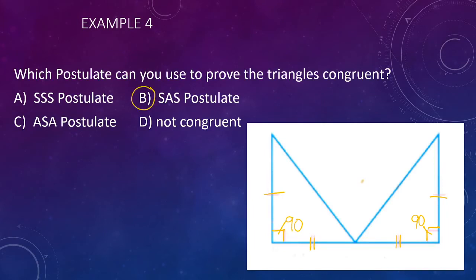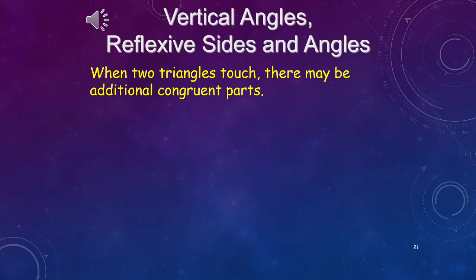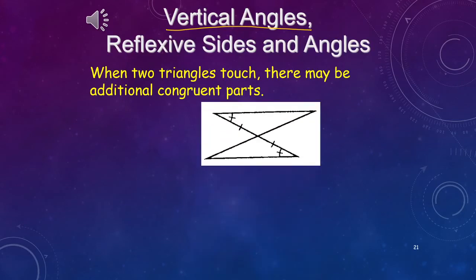Okay? So take note, you already know how to determine what postulate to use. But what if, let's have vertical angles first. When two triangles touch, there may be additional congruent parts. For example, this one. How many congruent parts do you see?